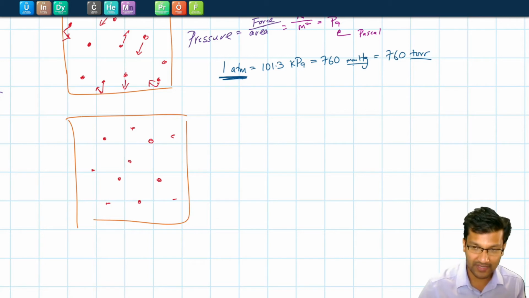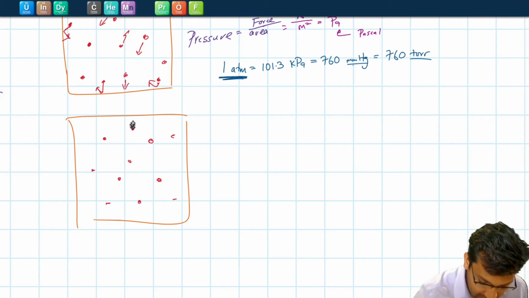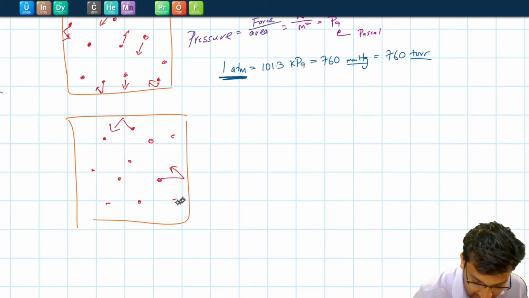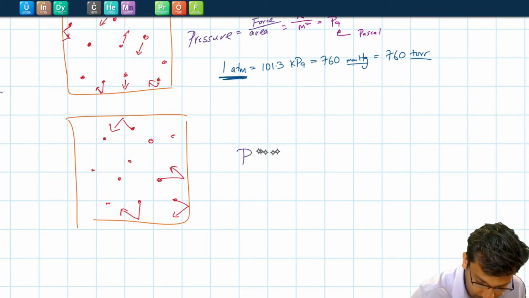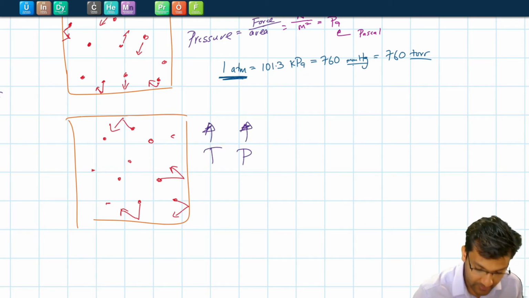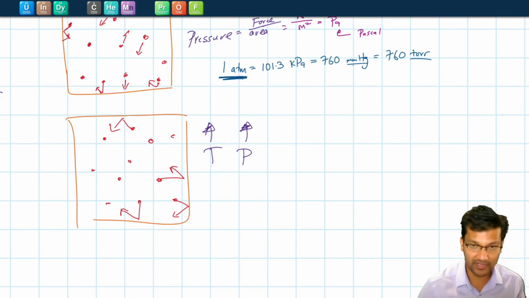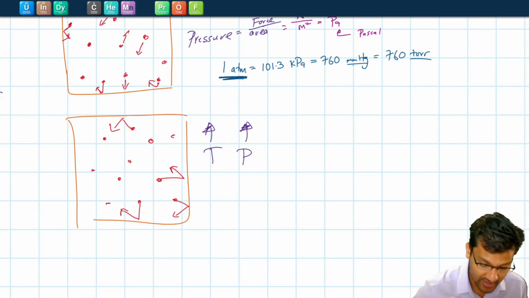If it's the temperature of a gas, then it just means that the gas molecules are zipping around faster in the room. So these molecules will be hitting the walls of the container with even higher velocity. So if the temperature goes up, the pressure should also go up because the force with which the molecules are hitting the walls of the container is going to be higher.